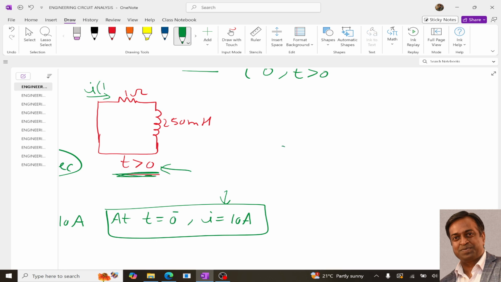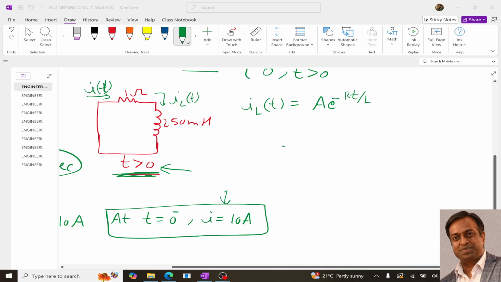We know that the current for this RL circuit, let me call it iL(t), is expressed as A e to the power minus R by L t, or simply e to the power minus Rt by L.